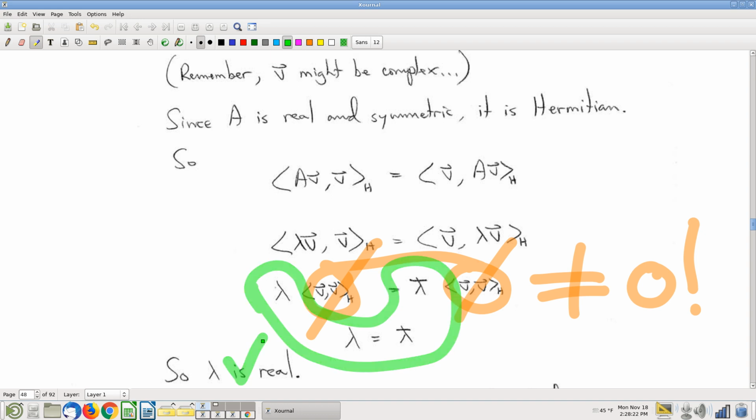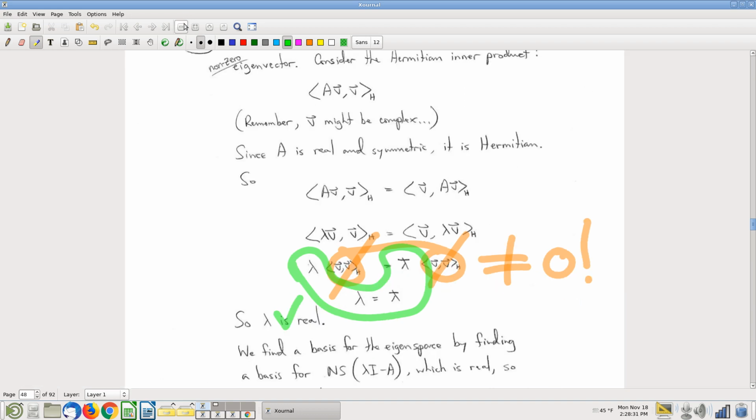and therefore it's real. It's just amazing how this falls into our lap like that. We started off thinking about something where we did not immediately see why we would care about this construction at all. But there it is. Our result that we wanted: the eigenvalue is real. Like I say, it's a little bit of a magic trick, a little bit of an oddity, but we developed a construction.